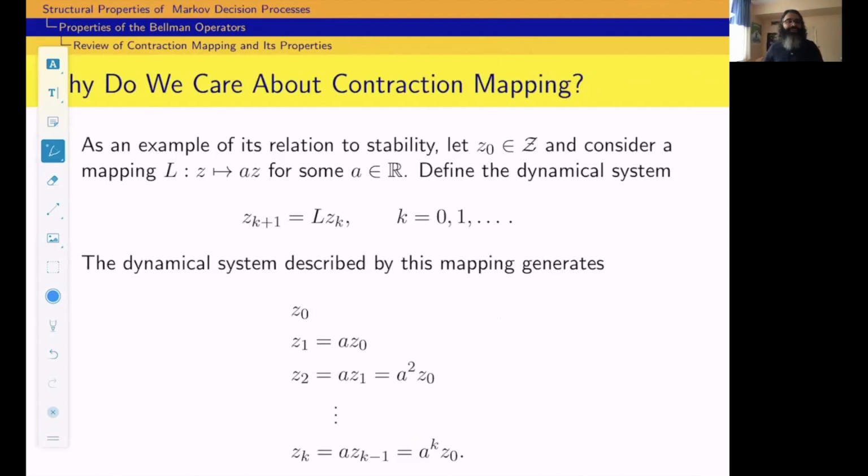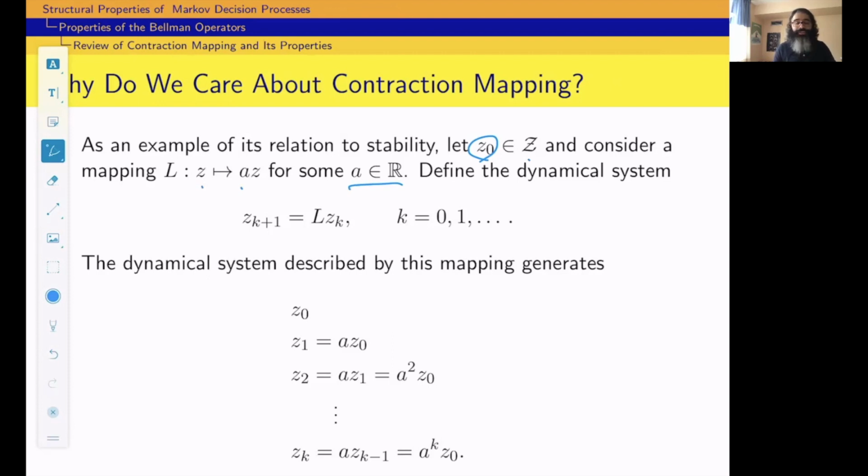Just talking about stability of dynamical systems, I'm starting with a very simple example, just to give you the intuition. Suppose we start from Z0. I'm going to define a dynamical system. Z0 is a member of Z. You can think of Z as the reals R, but it can be more general. Then I define the mapping L that takes Z and returns A times Z, and A is a real valued number.